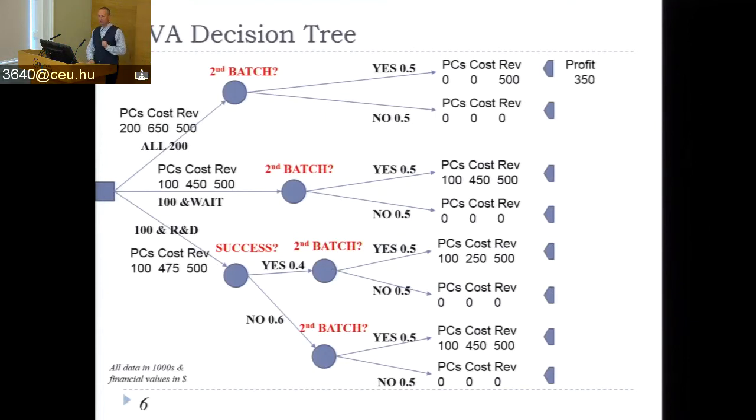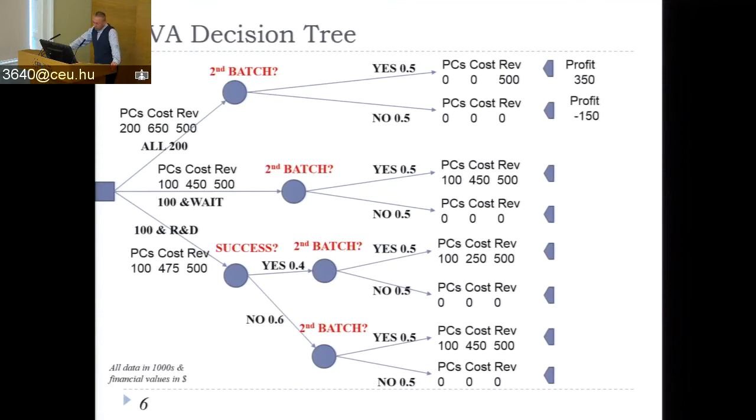In the first case, we have throughout the pathway, the total cost is 650,000. That's when we are manufacturing all 200,000 at the beginning. At the top of the screen, I'm starting from the top down, one by one. And the revenue that we are getting is 2 times 500,000. So our total profit is $350,000, 350 on the screen.